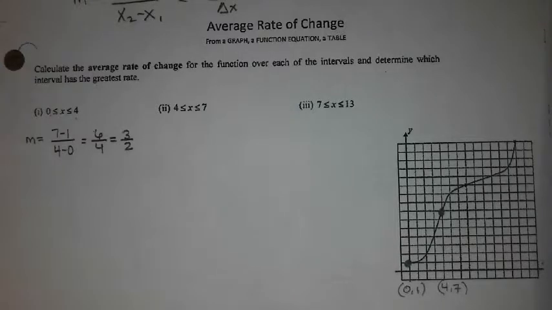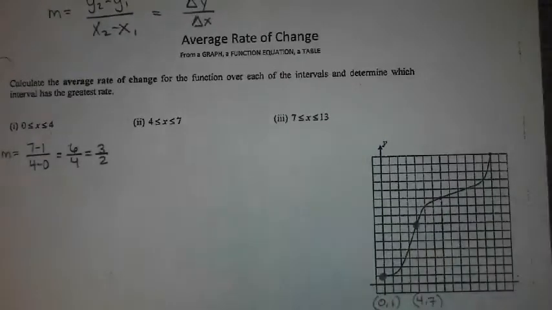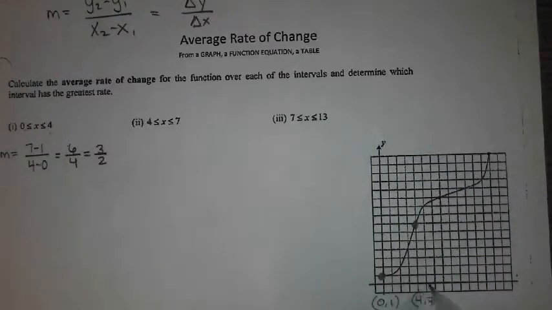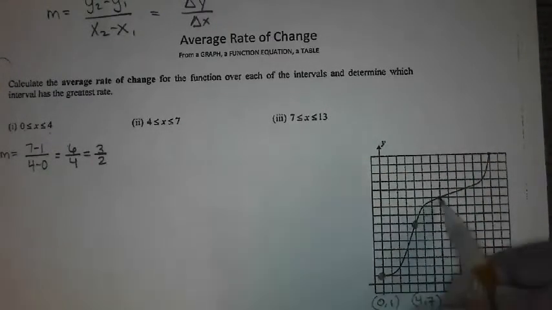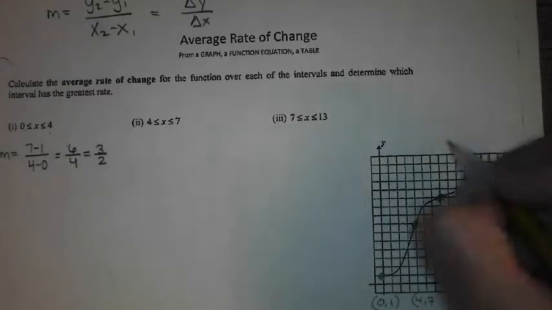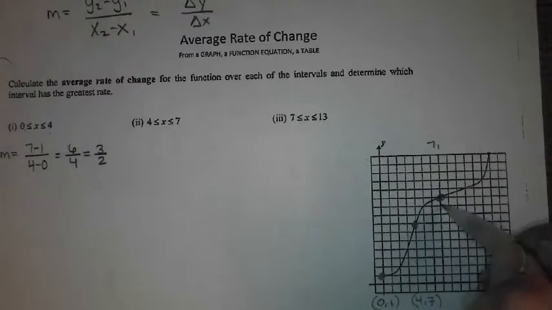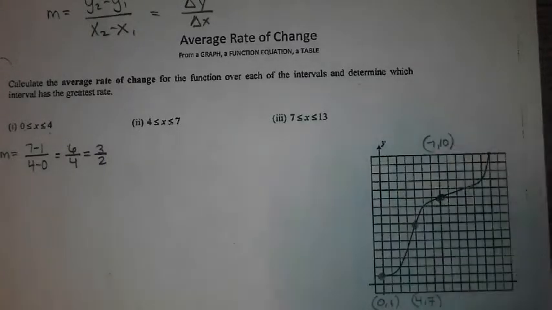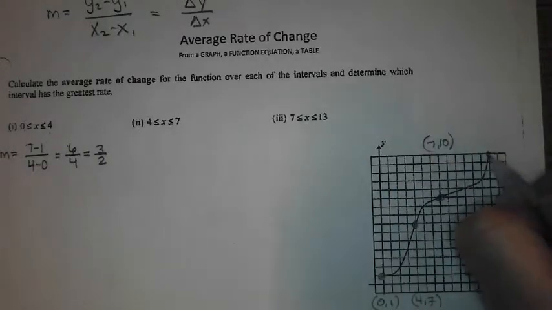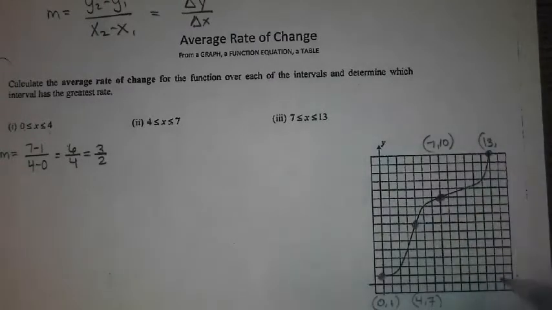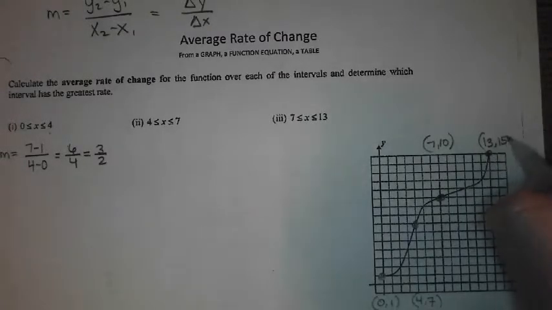Okay. We're also going to do, let's do 7 to 13. So 5, we'll do part 3. So 4, 5, 6, 7, that's this point. So that's (7, 10), counting 1 through 10, to (13, 15), counting 1 through 15.